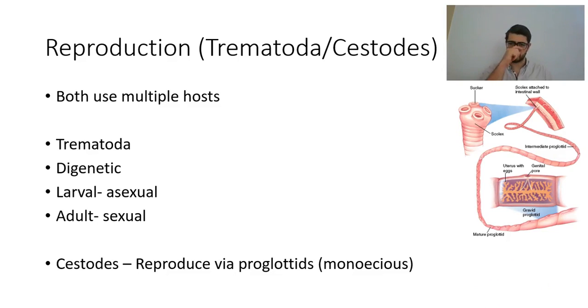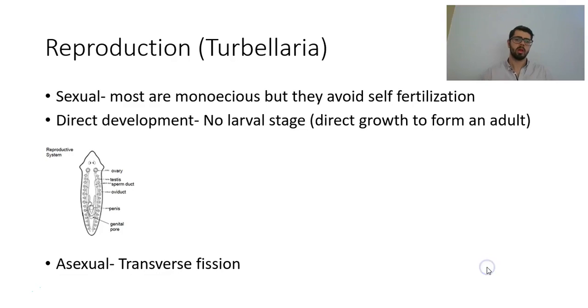The sections become bigger and bigger. They have suckers which are used to attach, and that's how they end up feeding. On the other end, we see proglottids, which, as they get larger and larger, split off, and that is what forms a new animal.